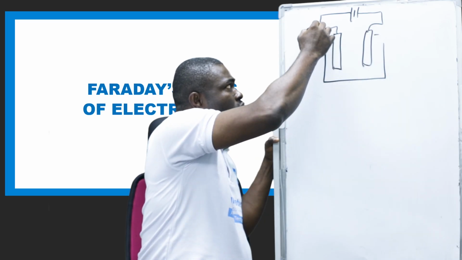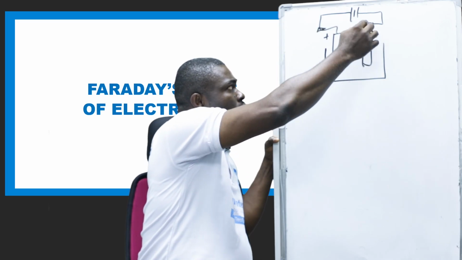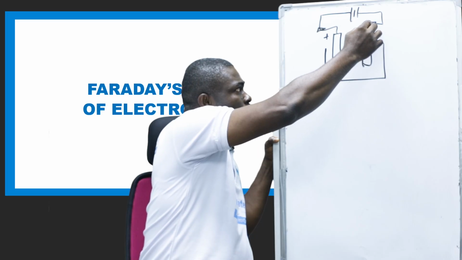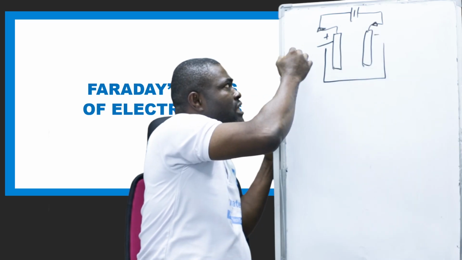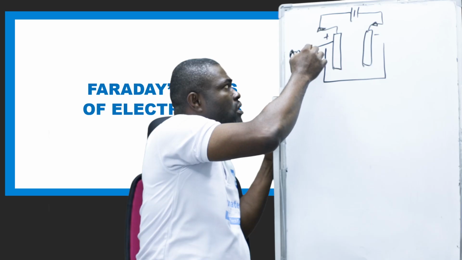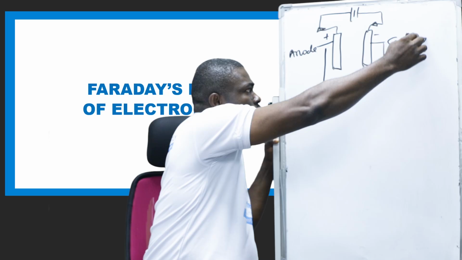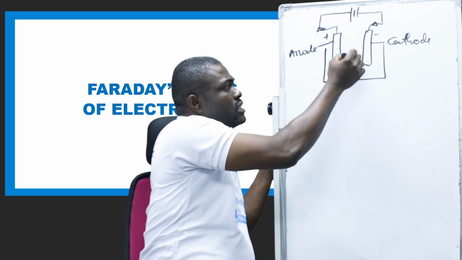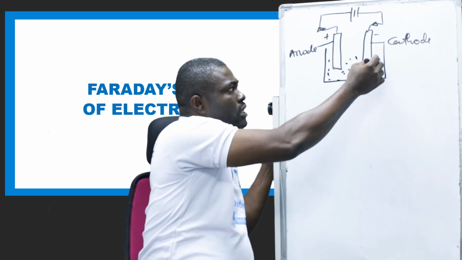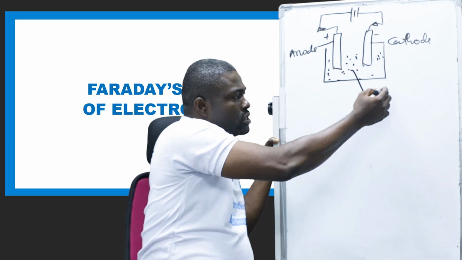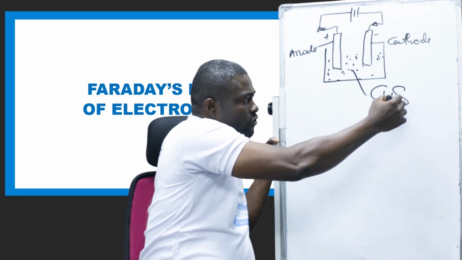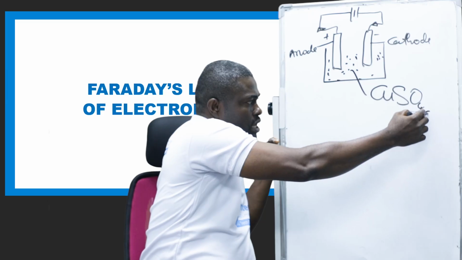Then the flow of electron is this way. The flow of electron moves out from the anode. This is the anode, and this is the cathode, and this is the electrolyte, which is copper sulfate solution, aqueous.